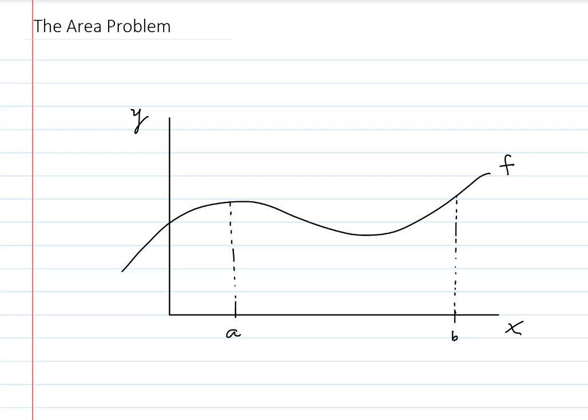Let's split this interval from A to B into equal sections. Let's start with just 2. Let's say we split this right in half, and then we draw a rectangle from the beginning to the first sub-interval. We only have 2 partitions. This is what we call partitions, or 2 divisions of this interval.